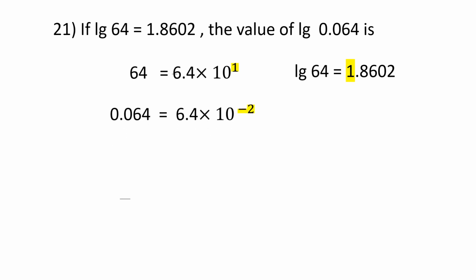Now we can write 0.064 as 6.4 multiplied by 10 to the power negative 2. Same as the above logarithm, when we are writing the logarithm of 0.064 to the base 10, the characteristic should be negative 2.